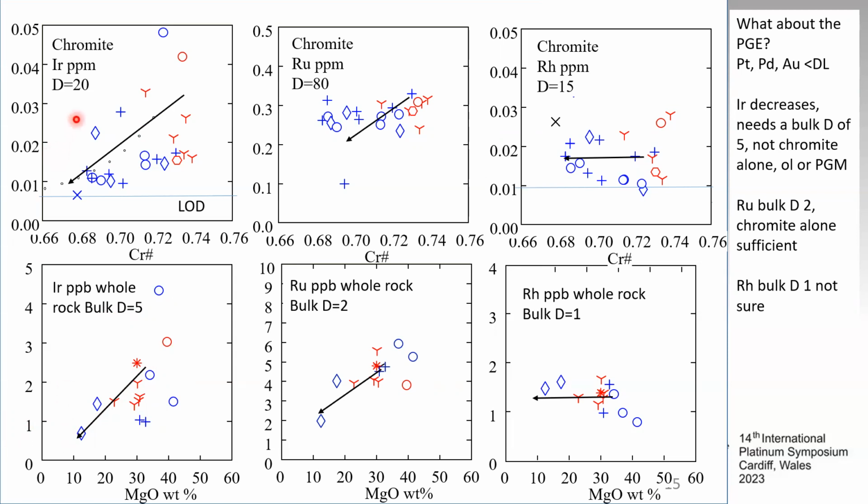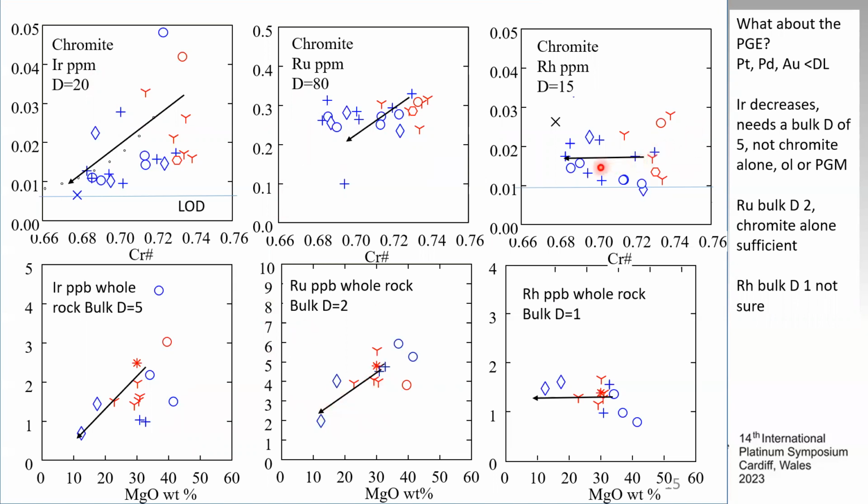If we go to the chromite, we're using a partition coefficient of 20 into the chromite. You do see iridium in the chromite, and the signal is stable. So it's not inclusions. It is actually in there. The same for ruthenium, we have a D of about 80. This ruthenium seems to be slightly compatible.